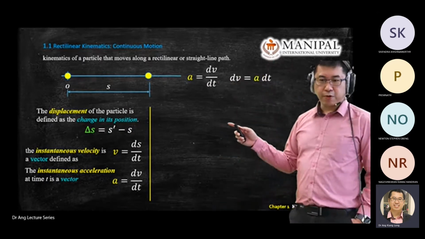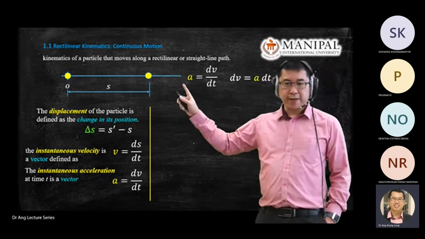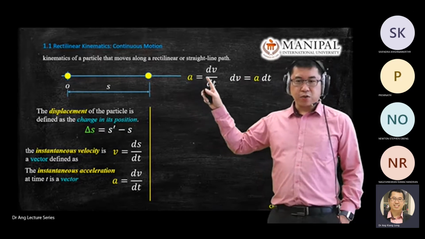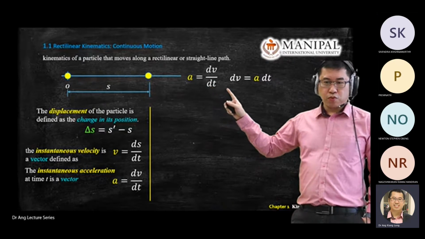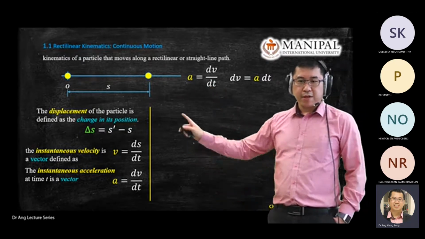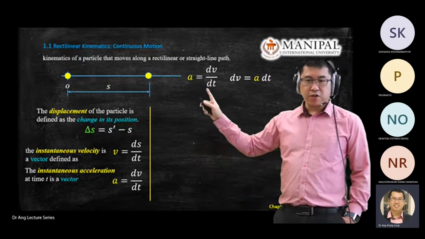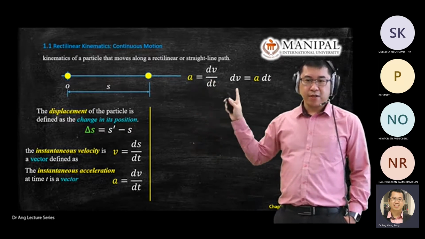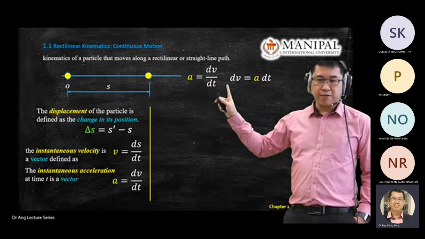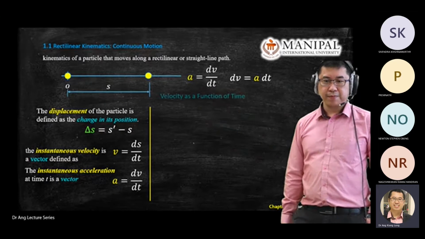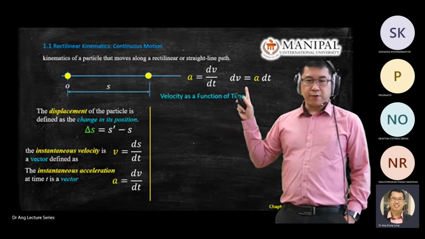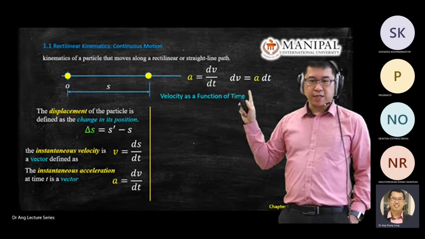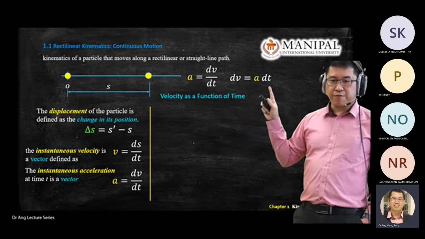We go for a few more slides, then we have a short break. So we write a equal to dv over dt. We try to integrate now. You pull your dt to the left, you get dv equal to a dt. This equation gives you velocity as a function of time.